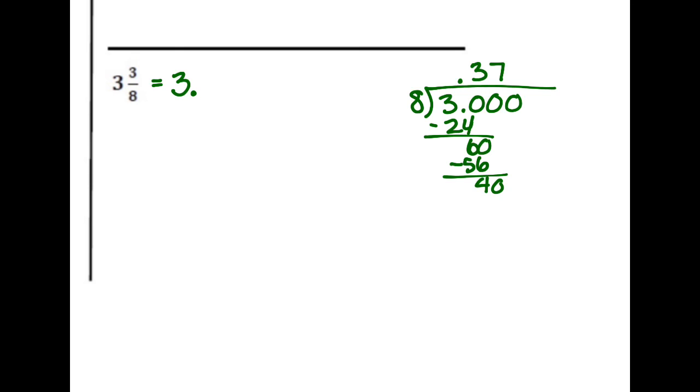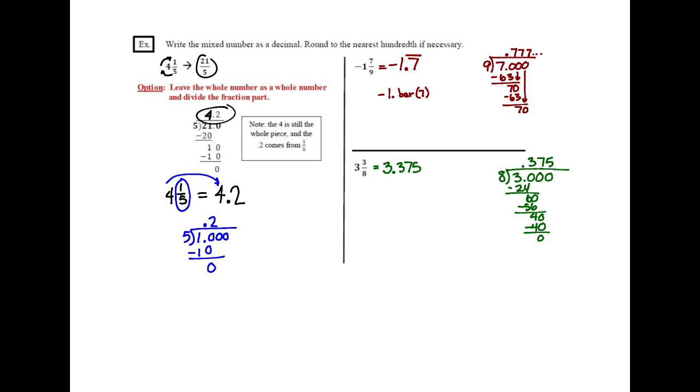Bring down our last 0 that I have, and we get 8 into 40 5 times. Worked out perfectly that time. So the 375 goes back over as part of our answer. Not too bad.